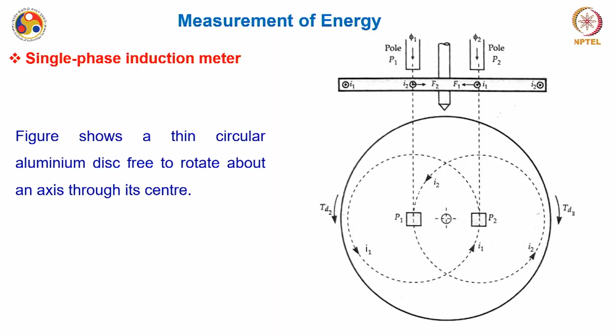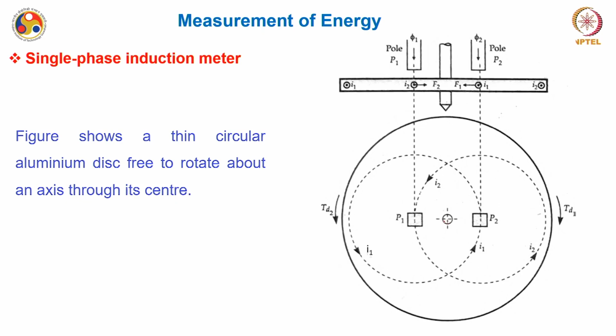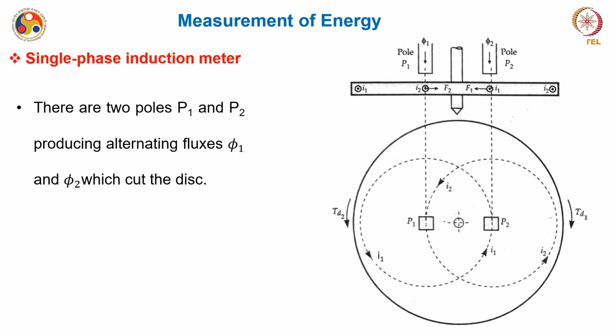Now, this is a simple figure which shows a thin circular aluminum disc free to rotate about an axis through its center. So, this is the center about which it is rotating. Now, there are two poles P1 and P2, as you can see, producing alternating fluxes phi 1 and phi 2, and these fluxes are cutting the disc.